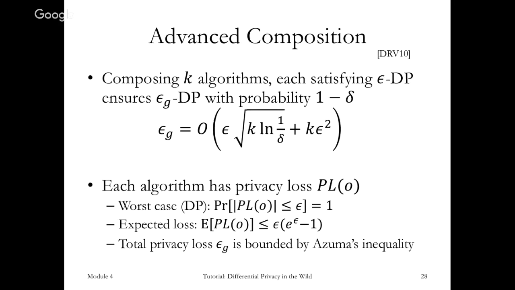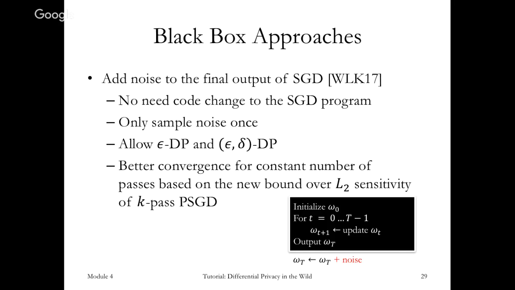So a more recent work proposed a black box approach. It doesn't mean that you don't know what's happening inside the algorithm. You still know that, but you just don't have to modify the code, and you only need to sample the noise once and add it to the final output. This algorithm satisfies epsilon differential privacy, and at the same time, given a constant number of passes over the data, you can obtain a better convergence.